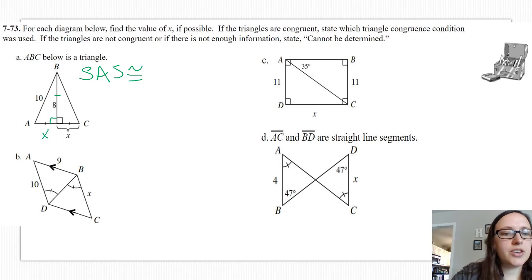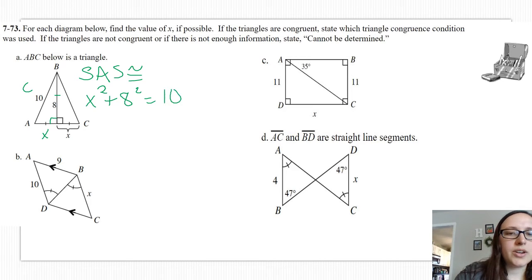All right, and we're going to use the Pythagorean theorem. So a squared plus b squared equals c squared. C is always the hypotenuse. A and B are the base and height, or the legs of the right triangle. So I'm going to set this up as x squared plus 8 squared equals 10 squared.